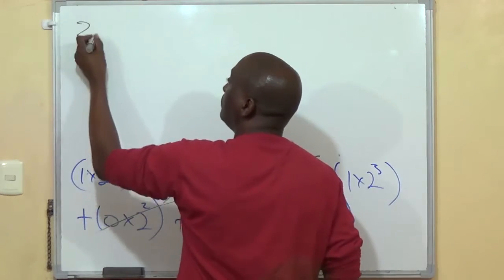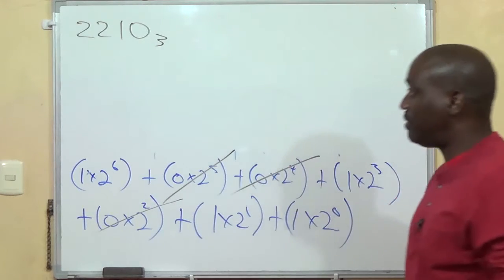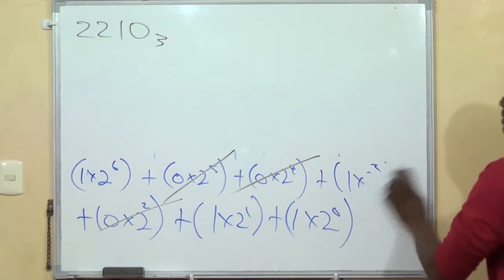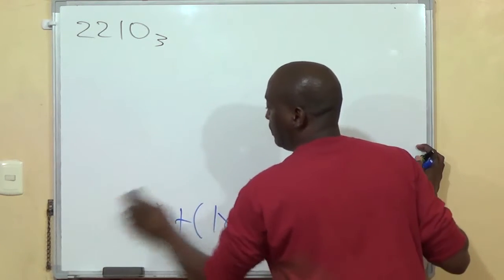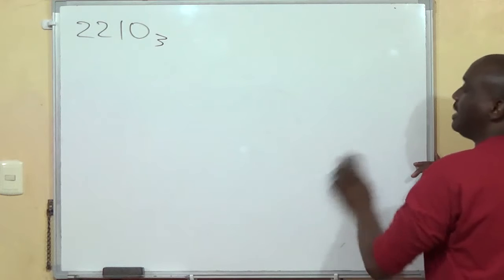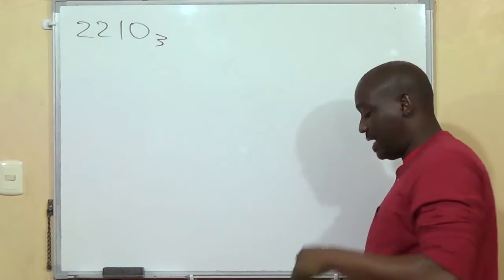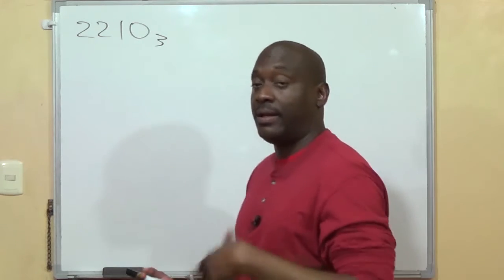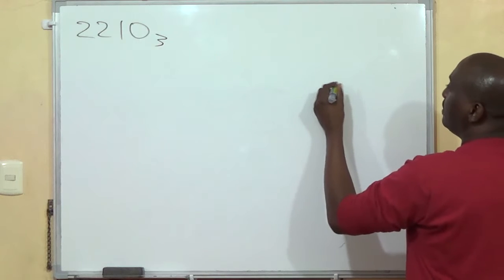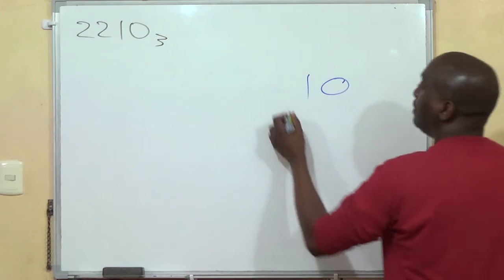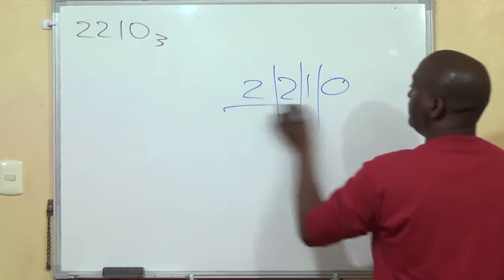So if we start out with 2210 base 3, and they ask us to write that as base 10, we require now to convert that to base 10. So again, we do the same thing that we did the last time. We draw the little table and we proceed as follows. So this would be what? 0, 1, 2, 2. Alright?